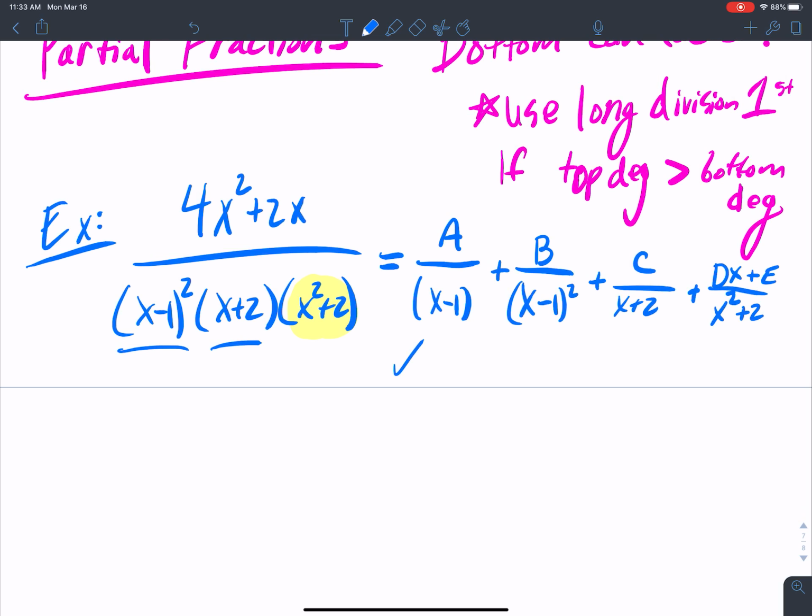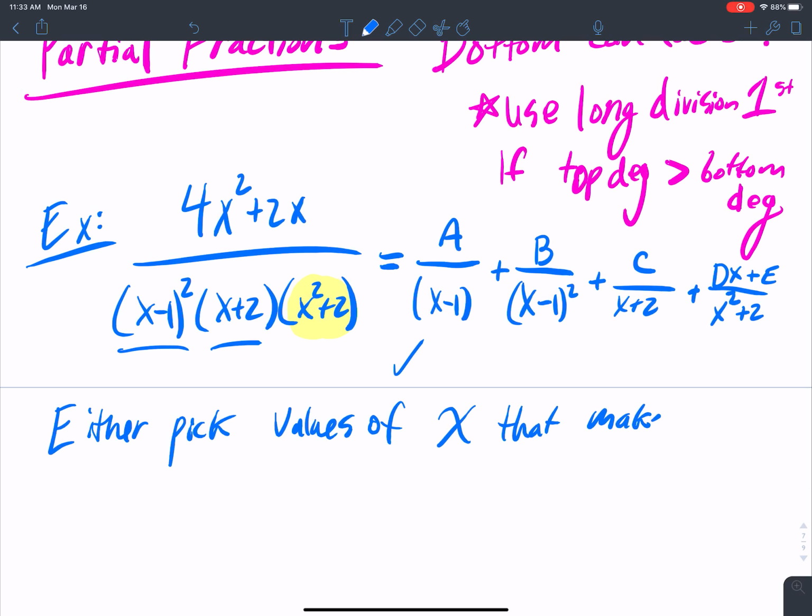Okay? So you got 2 options for solving for A, B, C, D, and E. Either you pick values of x that make some of the letters disappear.